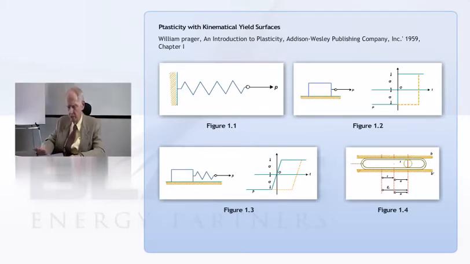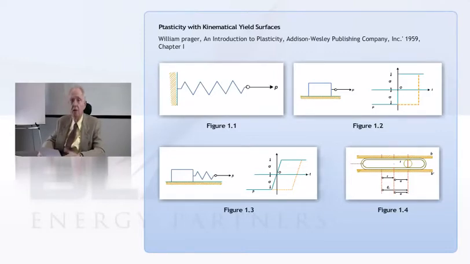Anyway, Prager starts out by trying to give you some feeling for what this kinematic hardening is all about. So we have these cute little pictures. I want to talk about those too. You see this all the time. Someone wants to model an elastic material.